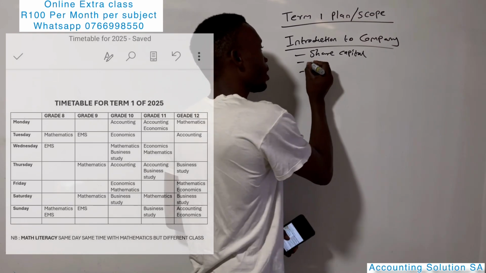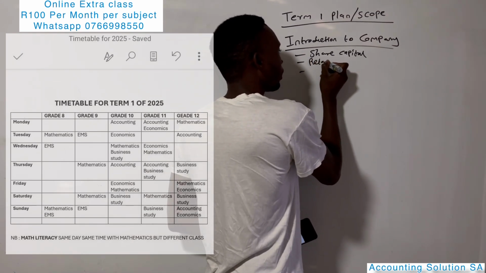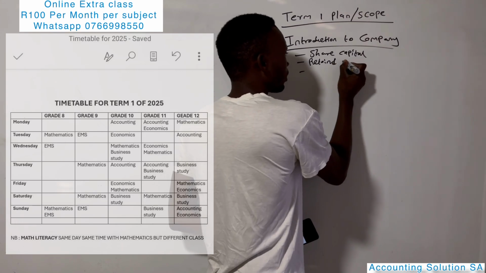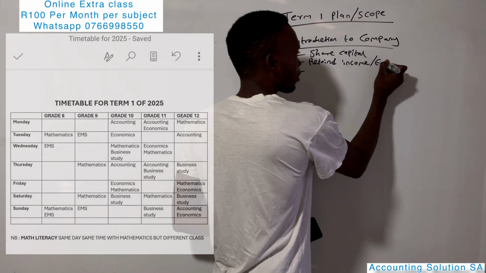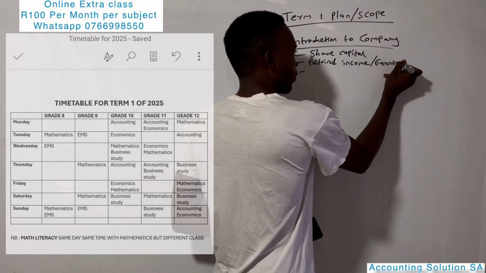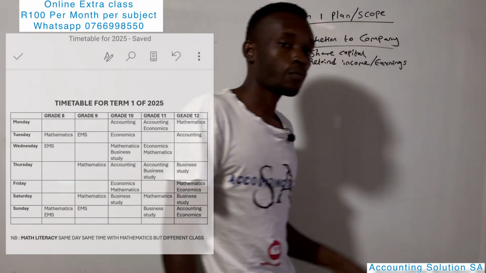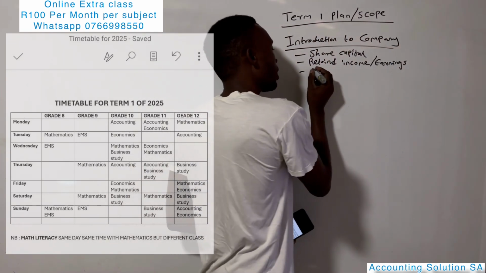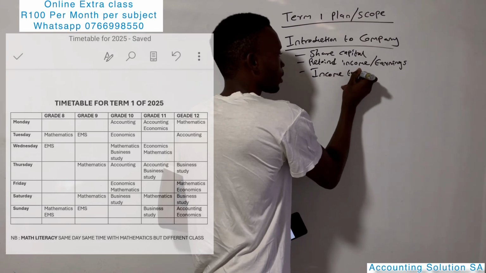You are also expected to know words like retained income or earnings. These are the words that are more familiar when it comes to a company. Also, you are expected to know income tax.